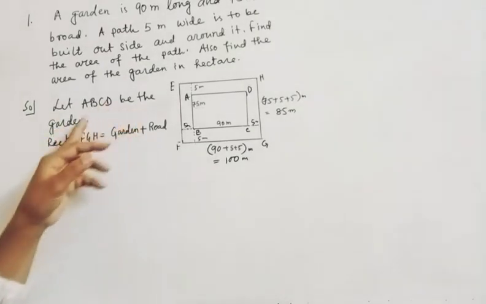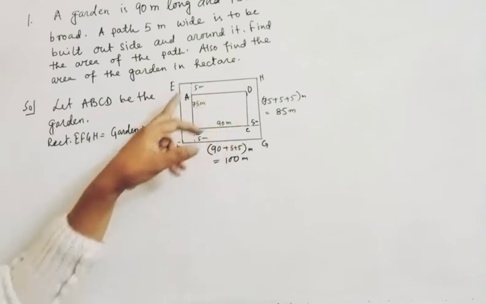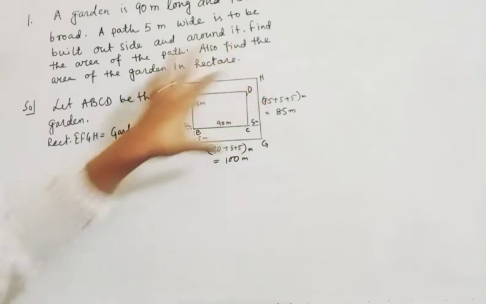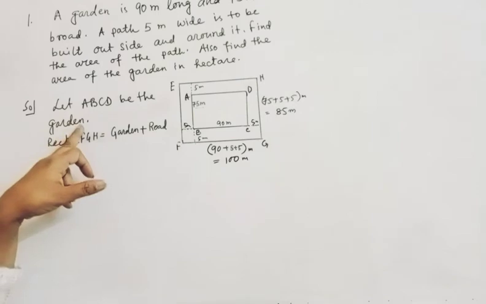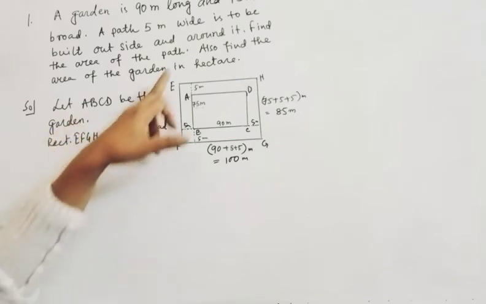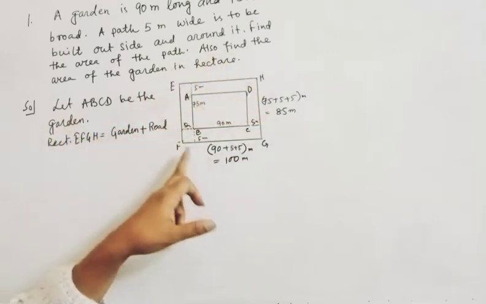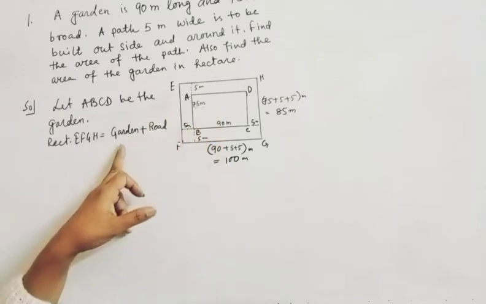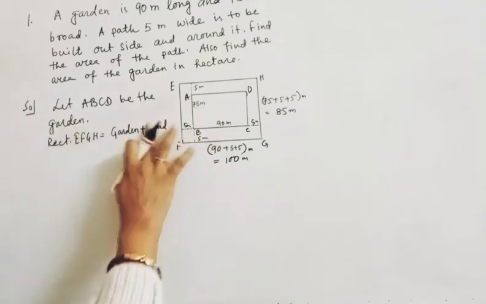Let ABCD be the garden. It was not given, so you will do it by your own, that is a rough sketch. Let ABCD be the garden and rectangle EFGH the outer rectangle, which is garden plus path.